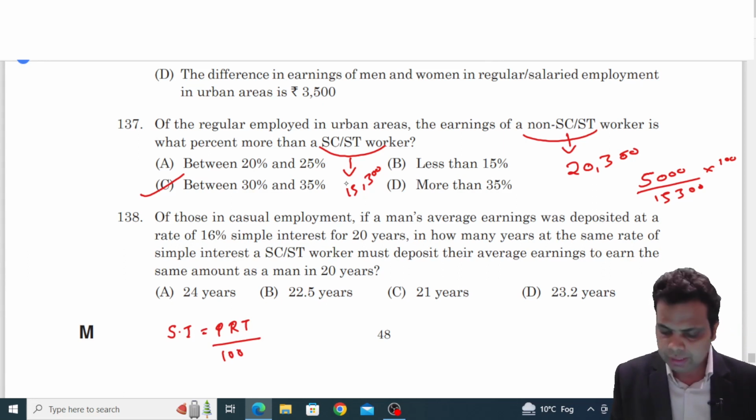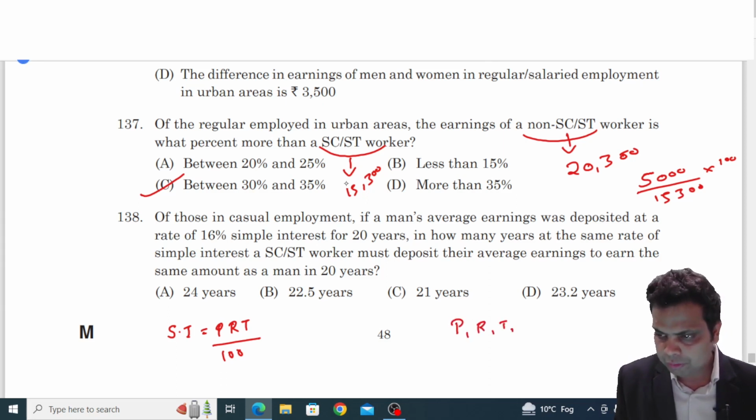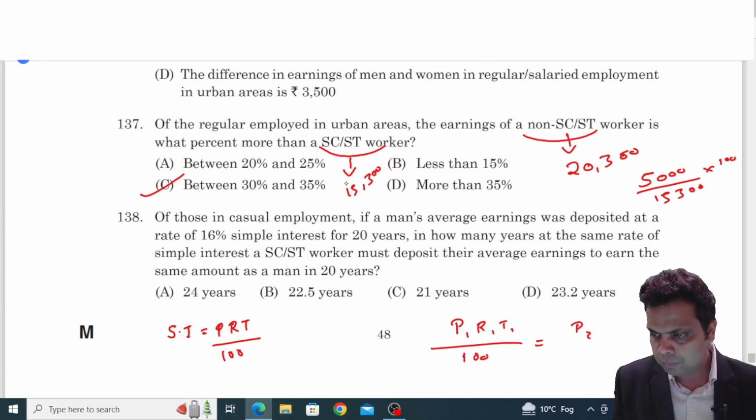Now the first data is, if you write it, all the interest is the same. Principal P1 R1 T1 upon 100 is equal to P2 R2 T2 upon 100. So cancel out 100 from both sides. Again the principal is 9,000.